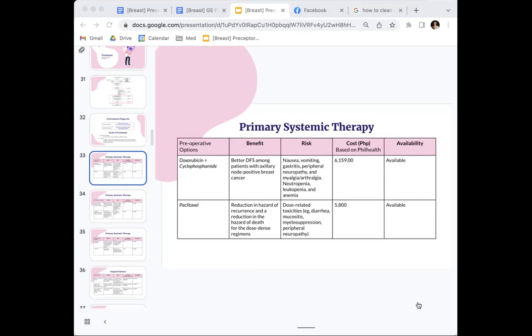Di ba? Okay. So you have to look at the data, no? So I assume that since doxorubicin, cyclophosphamide, paclitaxel is very popular, probably it has the best chance. But you have to input also the CMF, cyclophosphamide, methotrexate, and 5-FU.